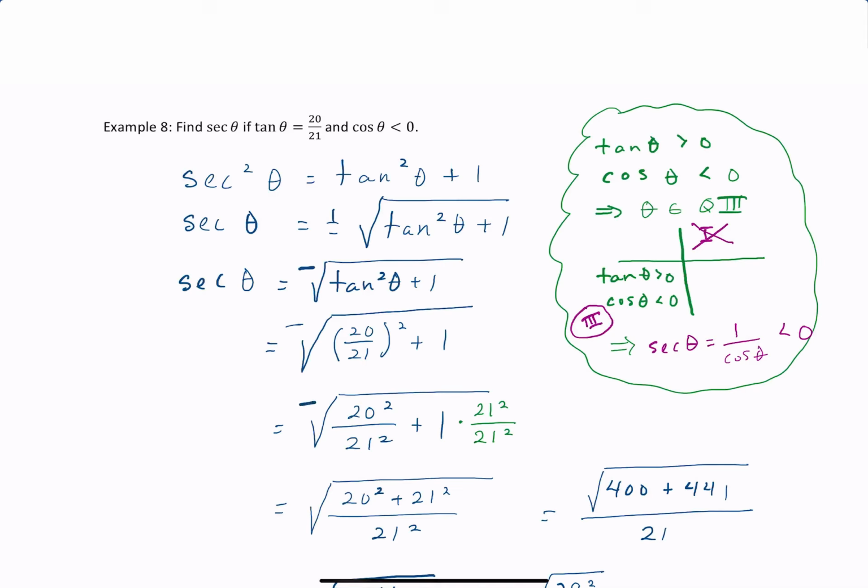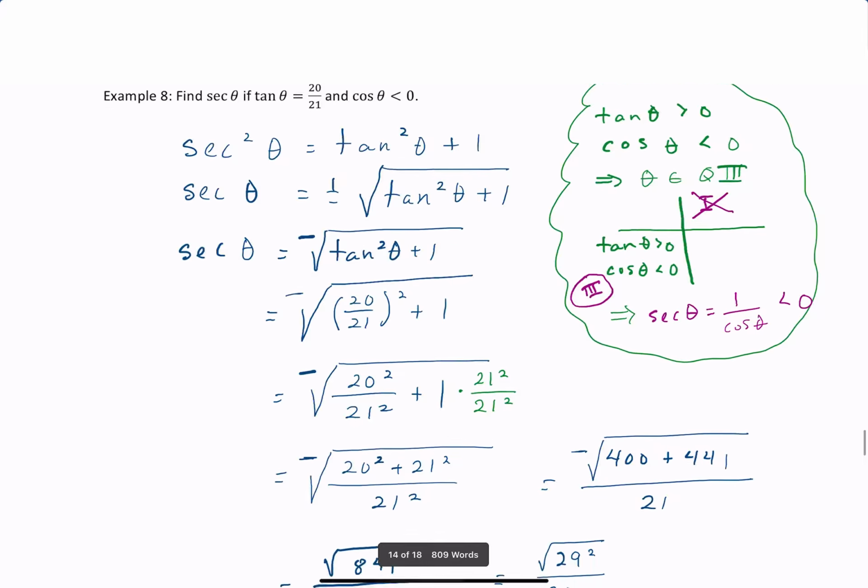So minus the square root of 20 squared over 21 squared plus 1. And I multiply the 1 by 21 squared over 21 squared to get an LCD. At that point, under the square root, we have 20 squared plus 21 squared over 21 squared.